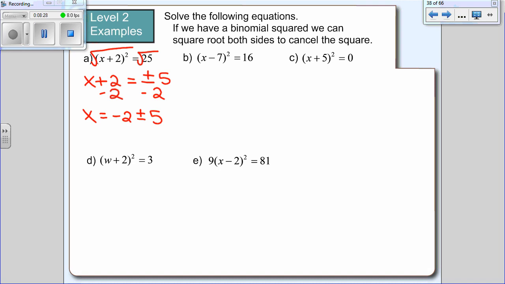The first answer is negative 2 plus 5. Negative 2 plus 5 is 3. The second answer you have is negative 2 minus 5. Negative 2 minus 5 is negative 7. So you have 2 solutions to this.